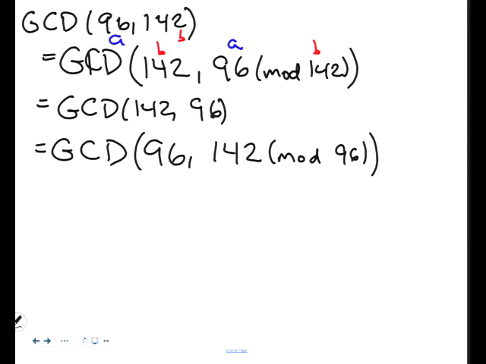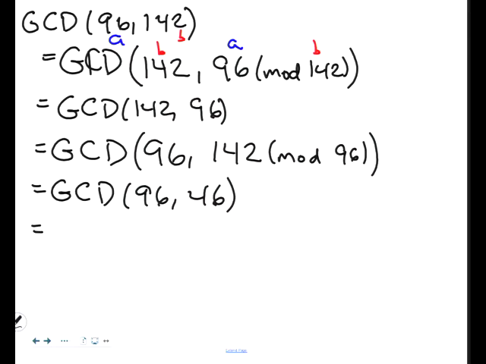I get 46 in my head. Okay? So now what we know is that this is equal to the greatest common divisor of 96 and 46. Notice we've now made that 142 go away, and it's been replaced by a significantly smaller number. Okay, now we're starting to make some progress.